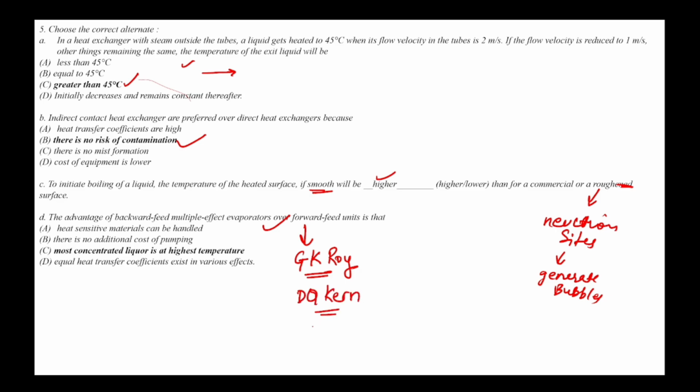There are many books: RK Rajput, BK Datta, JP Holman. JP Holman is a very good book for theoretical aspects, RK Rajput for numerical aspects, GK Roy for problems of heat transfer, DQ Kern for design of heat transfer, BK Datta for theoretical aspects.